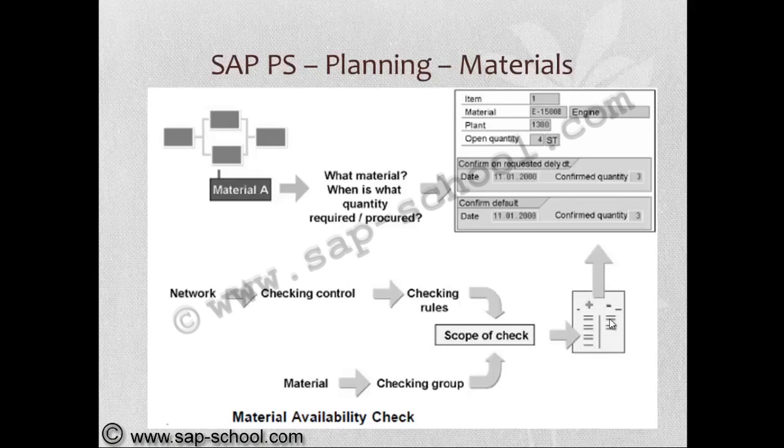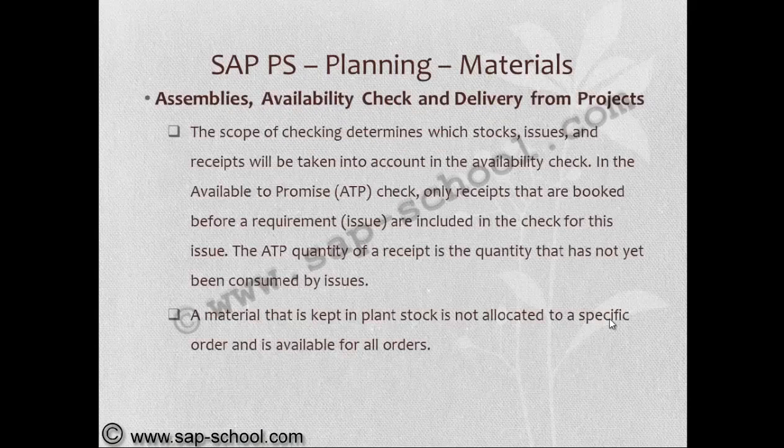So finally, the combination of everything will be used for the network activities, depending upon the time we have set, while creation or while release. The availability check will take place and the final result will be shown.